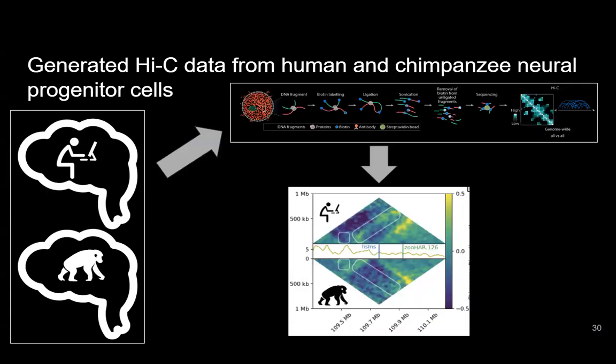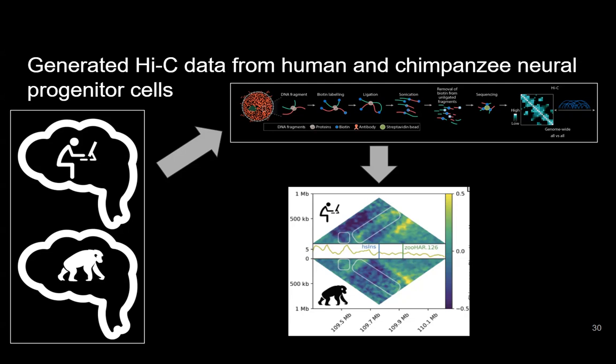Of course, these are still predictions. We wanted to validate them using Hi-C data. So we generated Hi-C data from human and chimpanzee neural progenitor cells, as you can see here, using the same methods I described earlier. Using this, we were able to directly compare the 3D organization in neural progenitor cells of humans and chimpanzees.